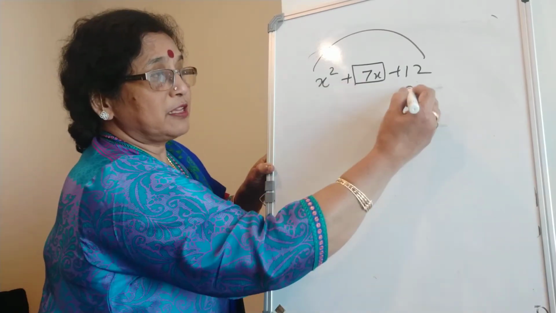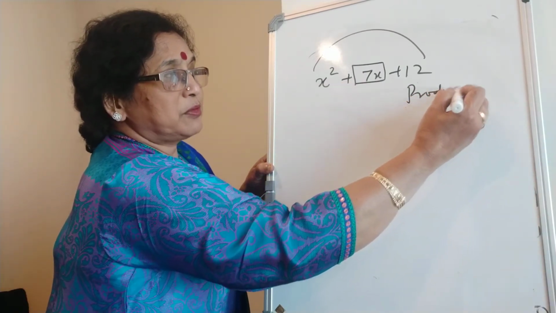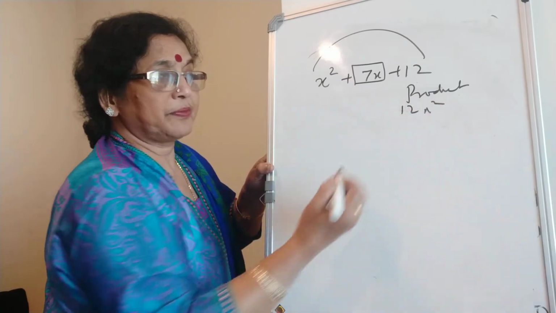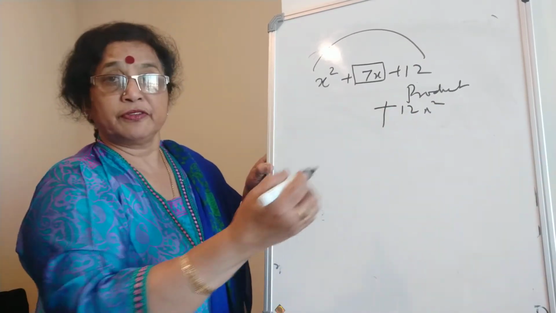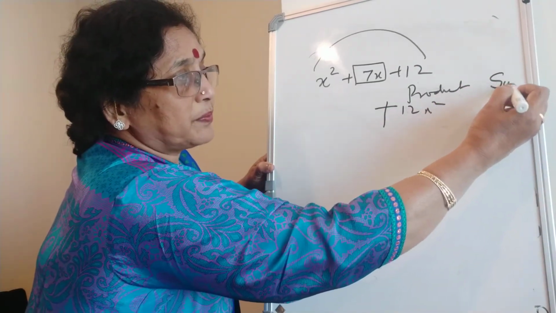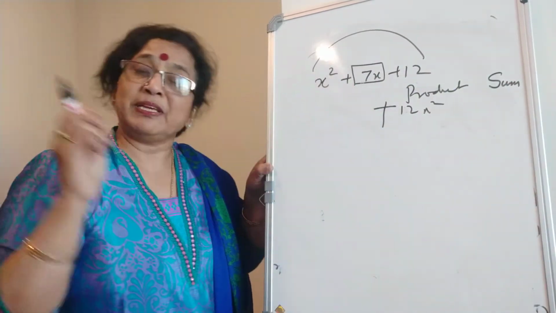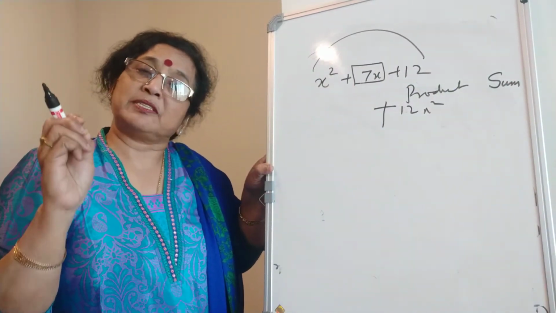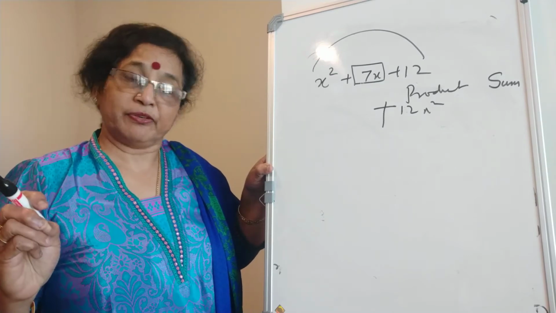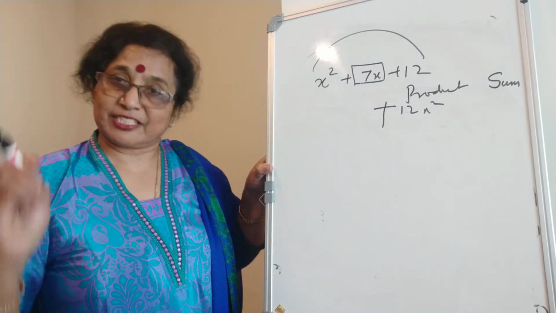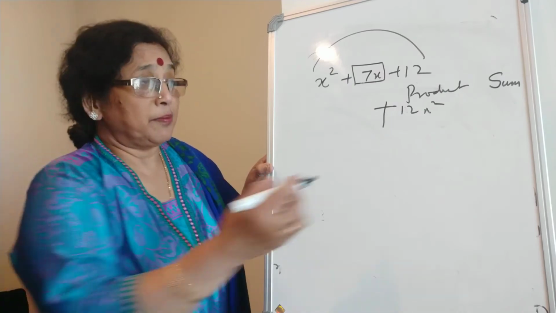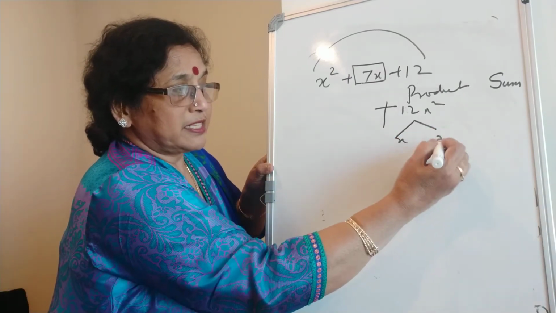So first I find the product of the 2 extreme terms, which is 12x square. Because it is positive, 7x should be the sum of the factors of 12, because the product is 12x square, and both terms should have x and x.